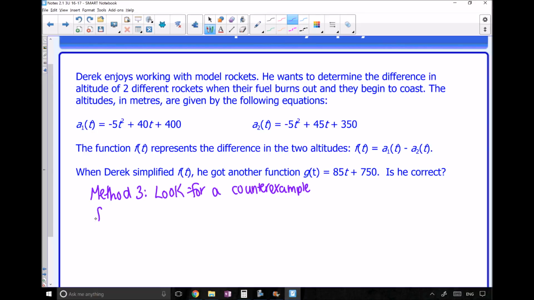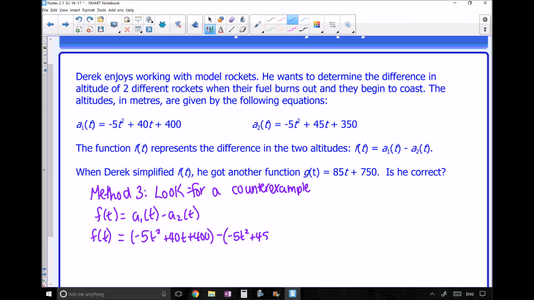So we know that f of t is equal to a sub 1 of t minus a sub 2 of t, just like we did before. So we're going to say that f of t is equal to negative 5t squared plus 40t plus 400 minus negative 5t squared plus 45t plus 350.